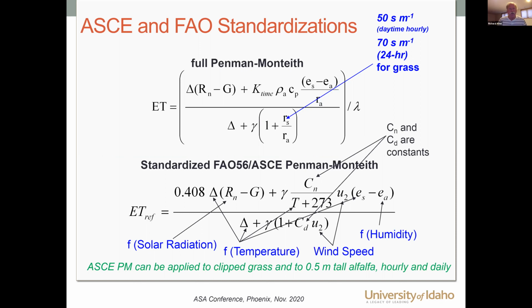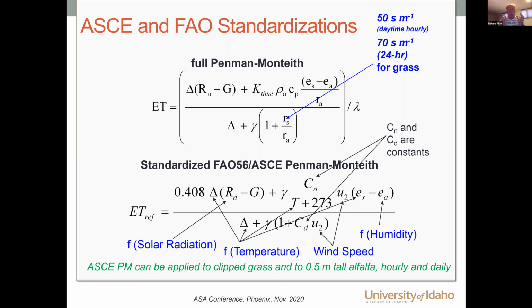And then as part of the standardization work by FAO and ASCE, where the Penman-Monteith in the full form can be applied to any crop condition, you know, very small plants with 10% of the ground covered, all the way up through trees, depending on how the surface resistance and aerodynamic resistances are set. But for application as a reference, it becomes much more simple, especially when that reference has a constant height, constant leaf area.